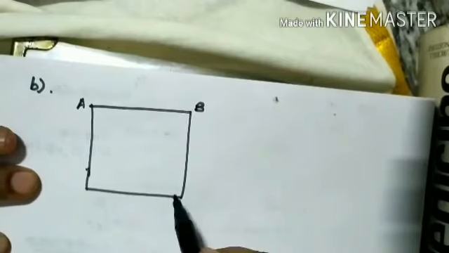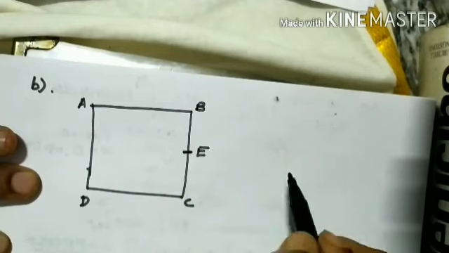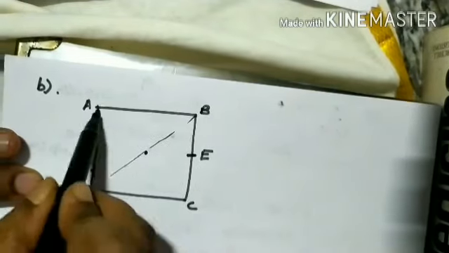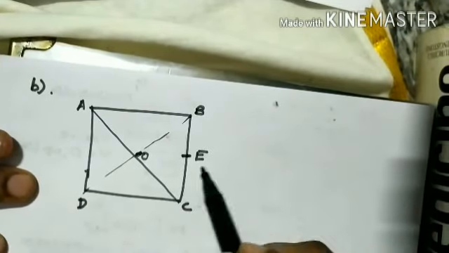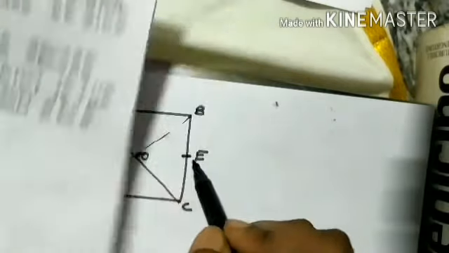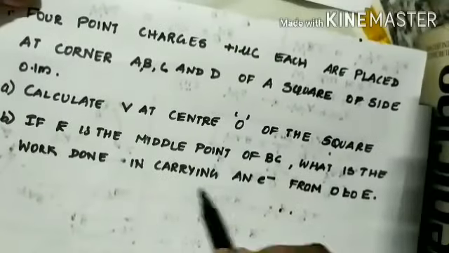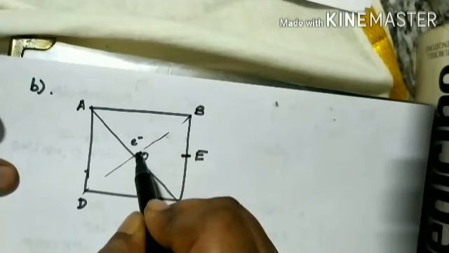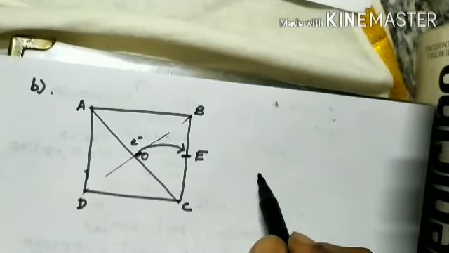This is your A, this is B, we mark like this, C and D, and E is the midpoint of BC, and here is O. Now the question again: if E is the middle point of BC, what is the work done in carrying an electron from O to E? This is the question, what work am I going to do.